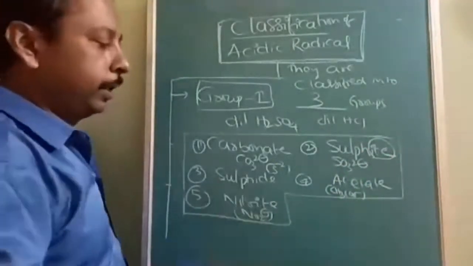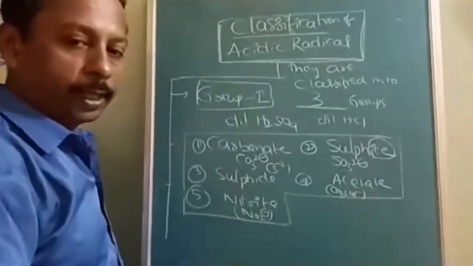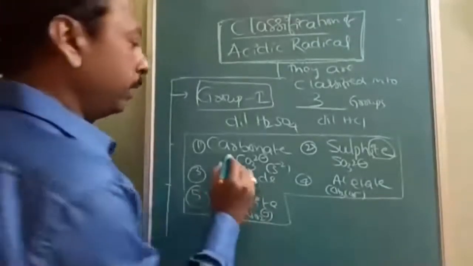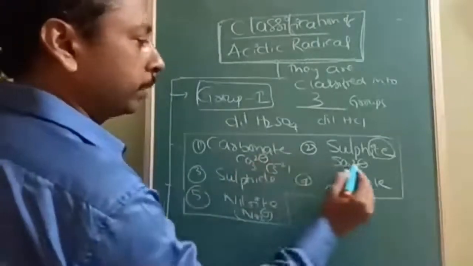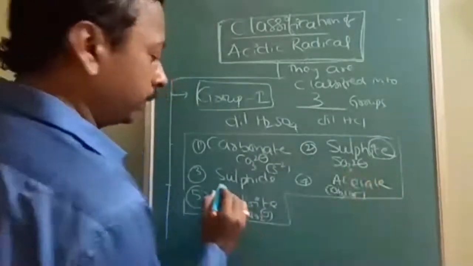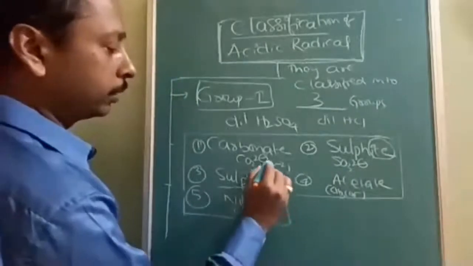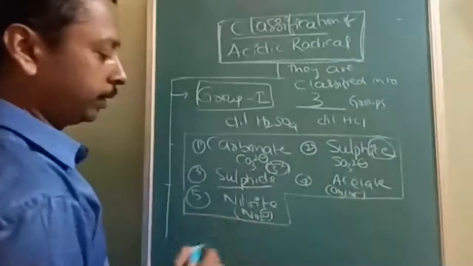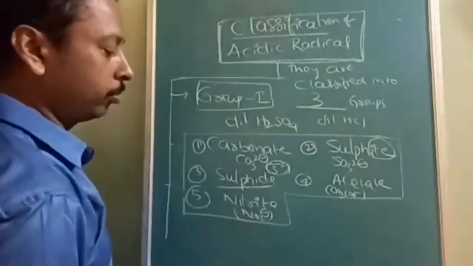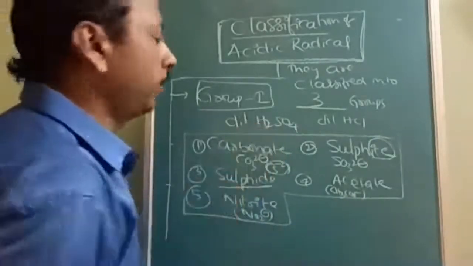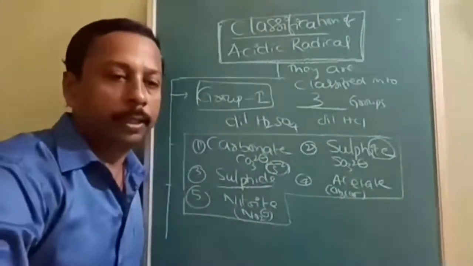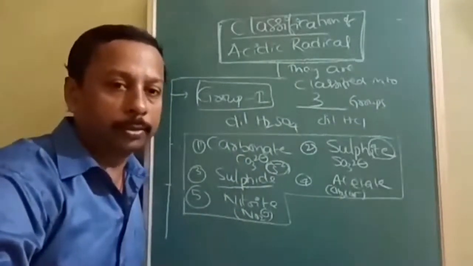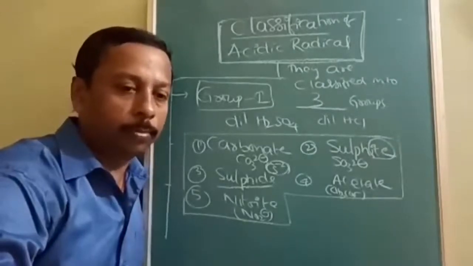Remember carbonate is CO3 2 minus, ITE is SO3 2 minus, IDE means no oxygen, so S2 minus, acetate CH3COO minus, nitrite ITE so NO2 minus. So you can say group 1 is basically the dilute acid group. Noted this, group 1. Then we will study group 2.